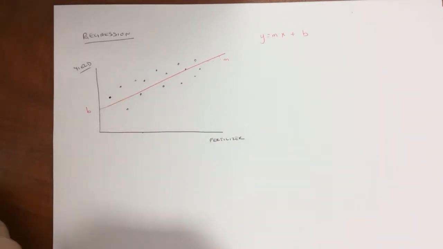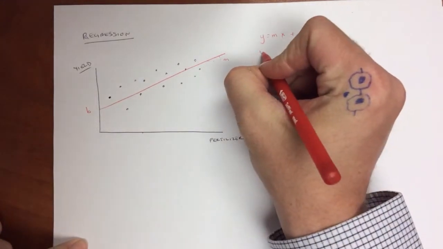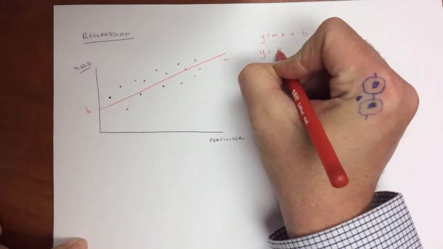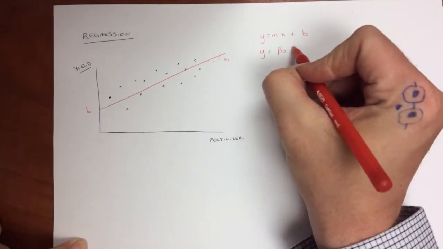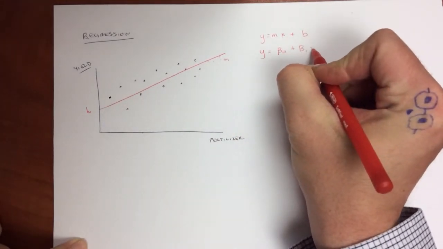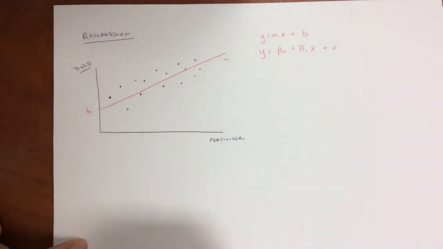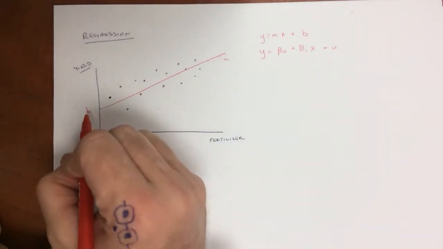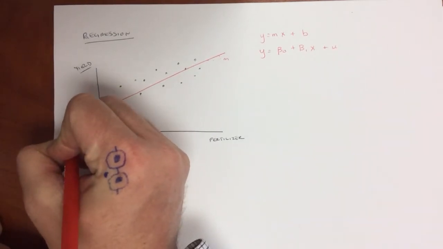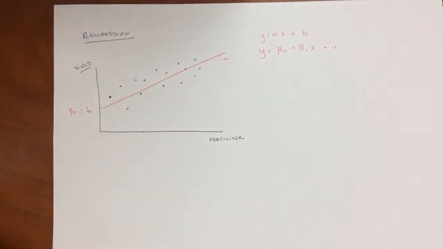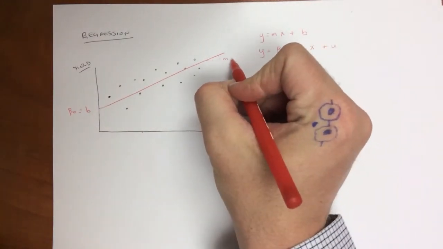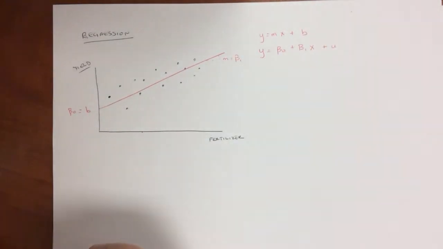We want to write it generically as this: y equals beta naught plus beta 1 x plus an error term, which we'll signify by u. And what that means here is, instead of b for our y-intercept, we're going to write beta naught, and instead of our slope, we're going to write beta 1.